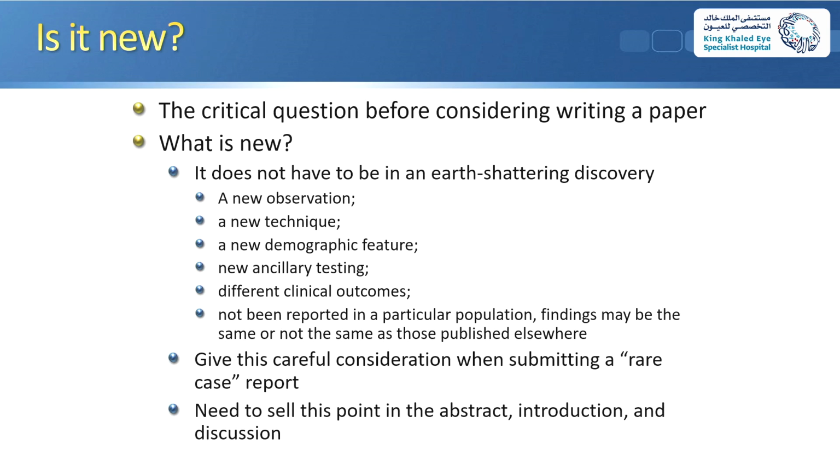It doesn't have to be an earth-shattering discovery to be published in Nature or Science, but it could be a new observation, a new technique, a new demographic feature, ancillary testing, a different clinical outcome, or something that has not been reported in a particular population, but is something different that might have been reported before. So when you're writing your paper, I think you need to sell this point in the abstract, introduction, and discussion. What is new about your study?